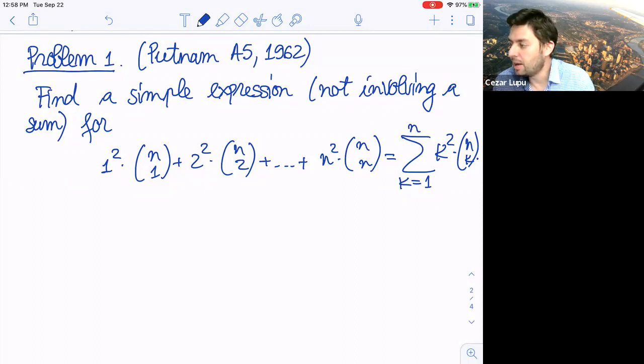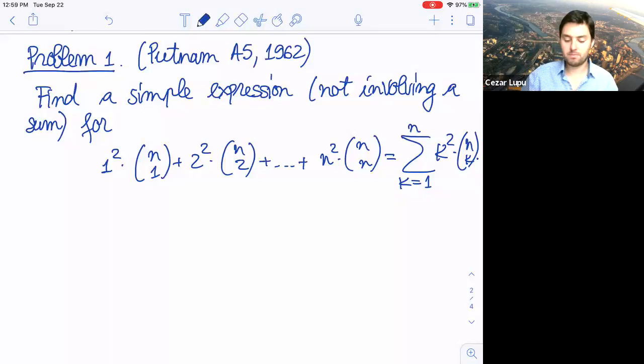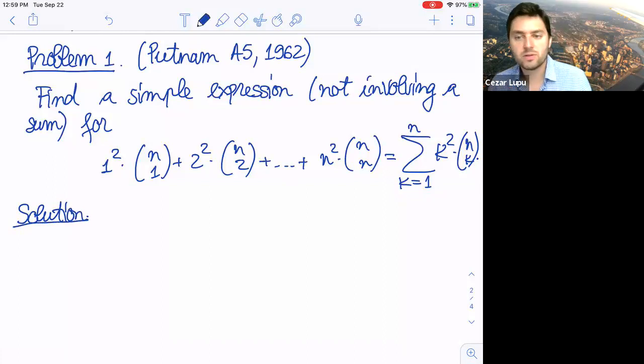Sometimes when you want to play with these identities and derive them from the binomial theorem, you can, like I said, play around with integration, with differentiation, for example. Let me be more specific. In this sense the problem is tricky, but once you know this technique, there is no way you can miss a problem like this.